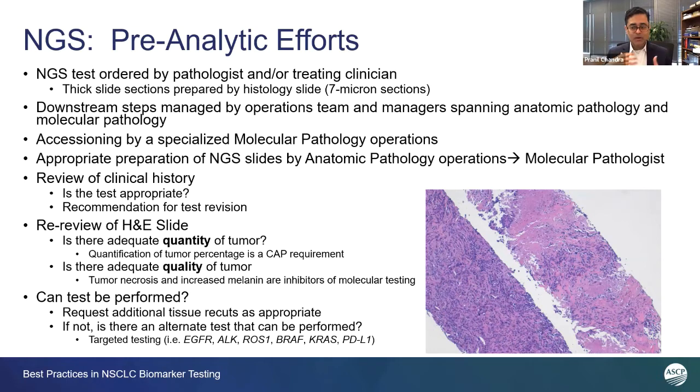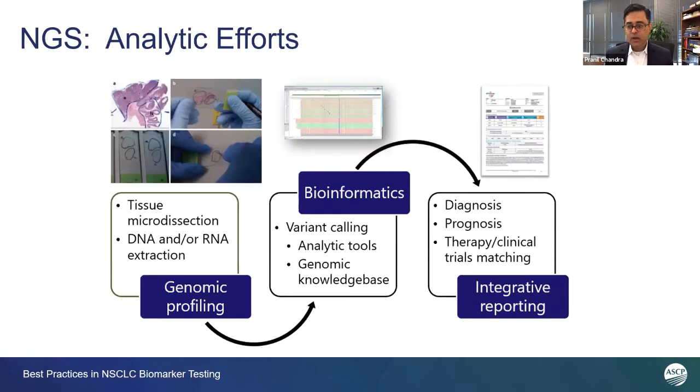So as you can see, it's a very complex process. There's a lot of effort by the physician, the anatomic pathology division, and the molecular pathology division to make sure that you have the right test, but also the right amount of tissue and DNA for downstream steps.